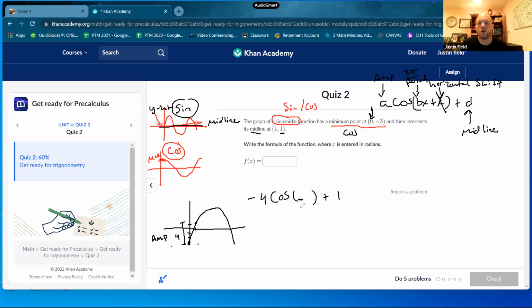So what we need to know is the period of our function. What's the period?